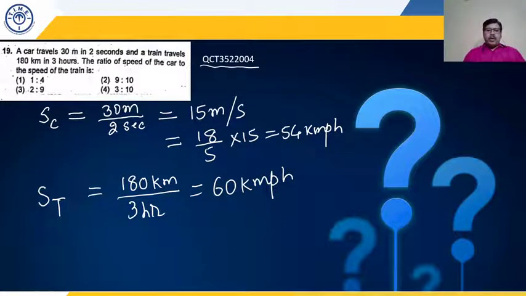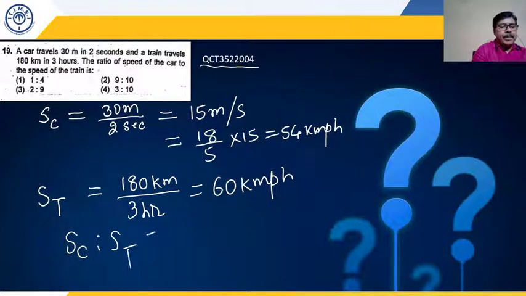So speed of car has already been converted into kilometer per hour, and the speed of train is already given in terms of kilometer per hour. So what is the ratio of speed of car to speed of train? Can I say it is 54 is to 60?